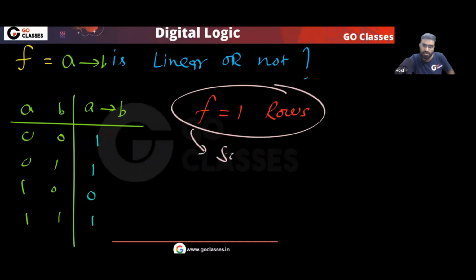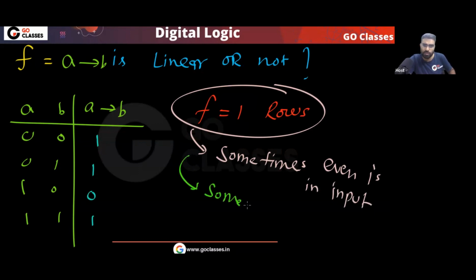Sometimes you have an even number of ones in the input. Yes or no? Sometimes odd number of ones in the input.